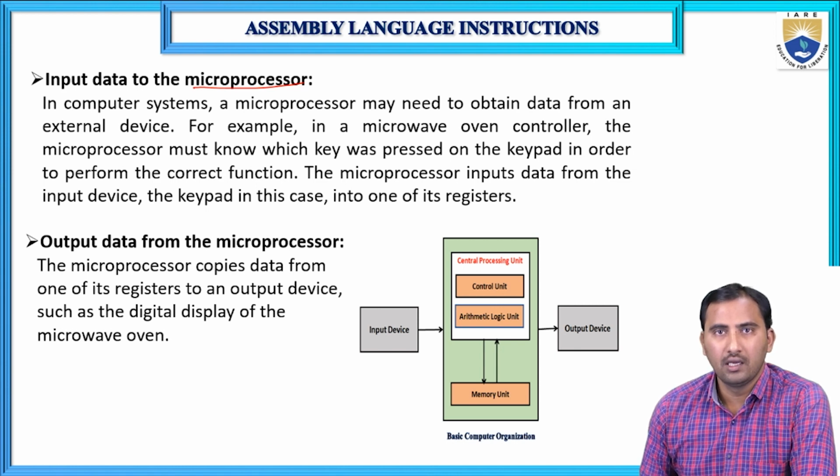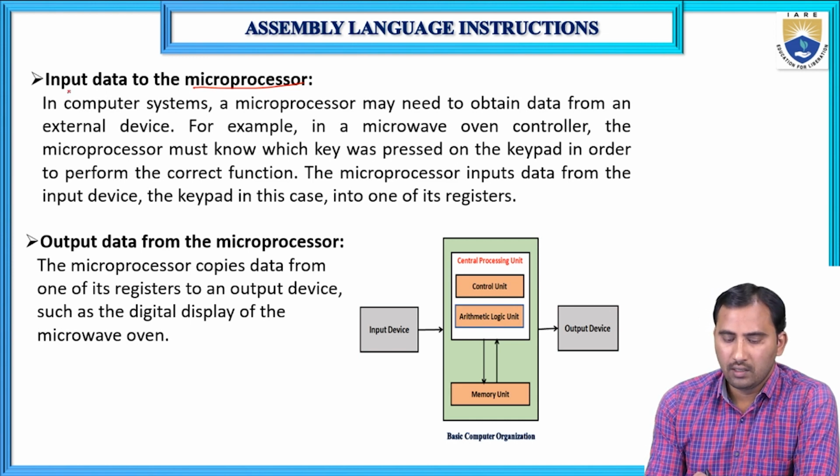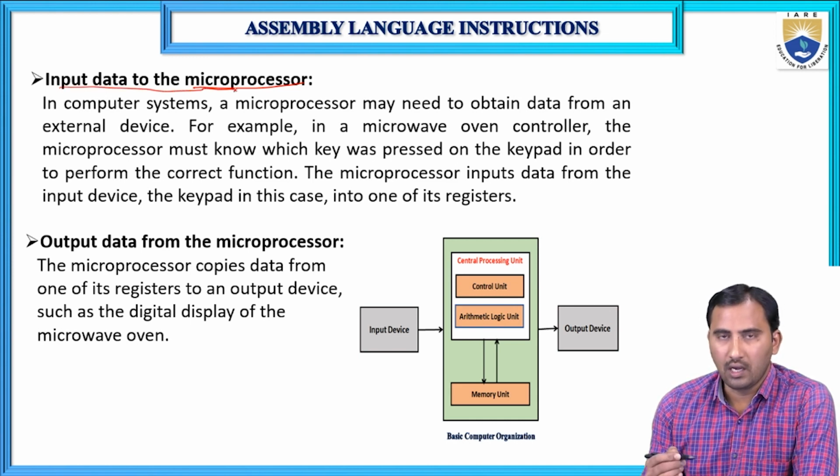After processing, it generates the results, and the generated results are given to the user through the output devices. So in order to accept data, we use input devices. Input data to the microprocessor.